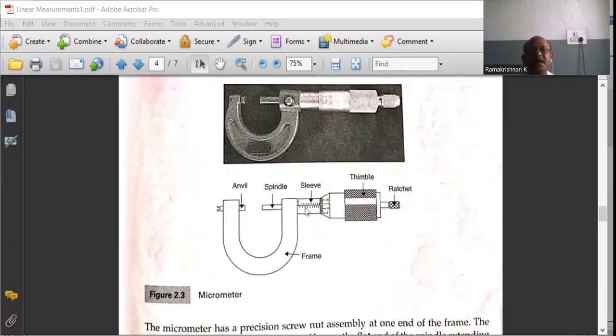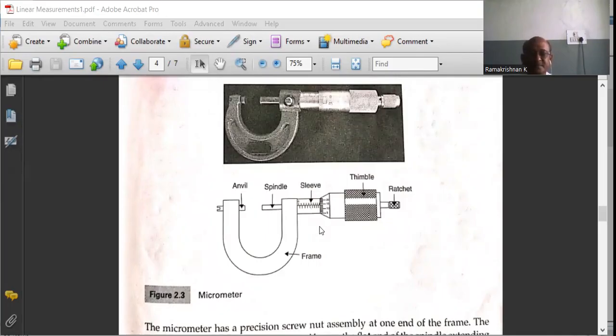But if, for example, there are 3 divisions ahead in the main scale from the datum line in the pitch scale, that is a plus 3 division error. While calculating the reading, we have to subtract it. The plus 3 divisions error can be balanced by subtracting 3 divisions, equal to 0.03 mm, from the actual dimension measured.